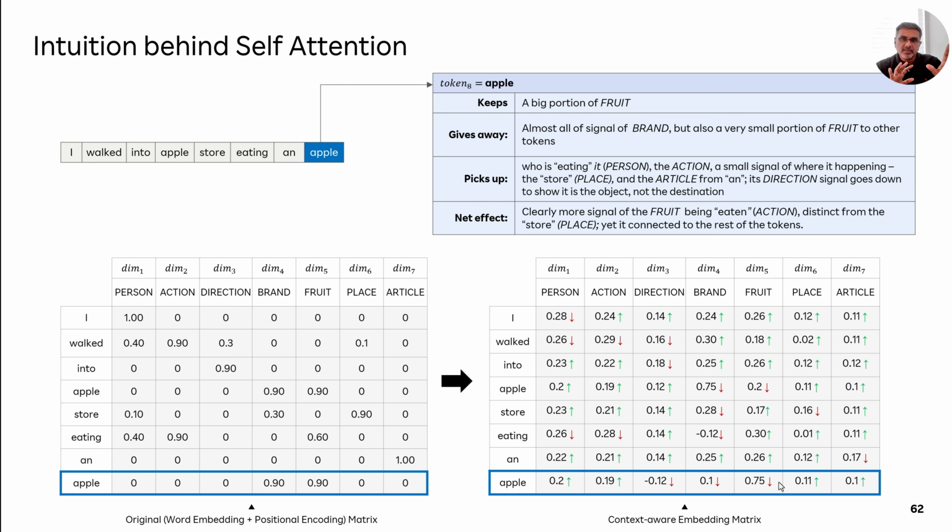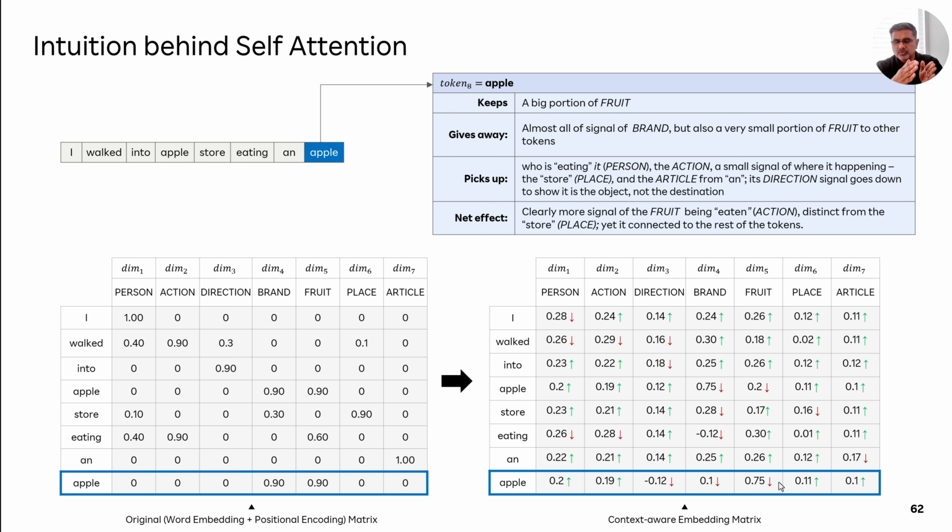So there is this really nice dance where the individual feature dimension scores are adjusted, so that by the end of this self-attention calculator, through the training process, you would know what the meaning of this word is in the context in which it appears.